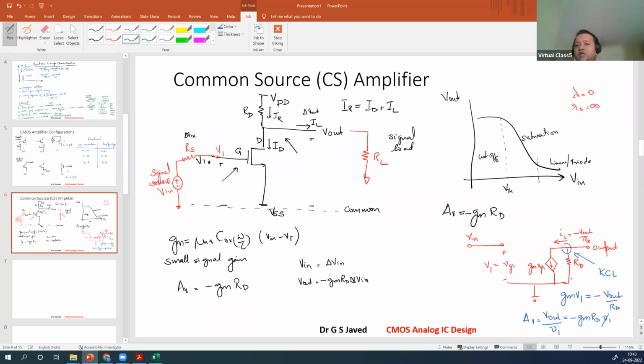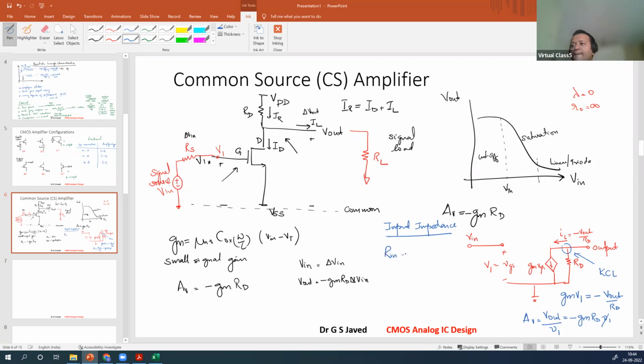Now, what is the input impedance and output impedance of the circuit? This is important, you will get combinations of input impedance and output impedance as your GATE questions. So what is input impedance?